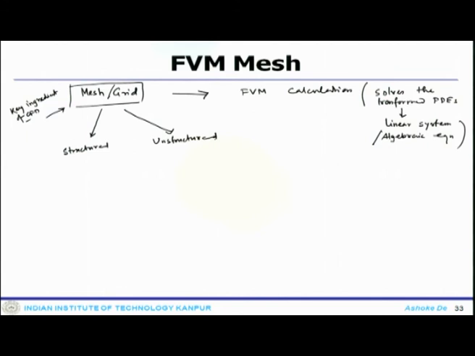Then another category which is possible, both structured and unstructured can also be multi-block. That means, for example, if you have a simple rectangular geometry, you can generate the grid in multiple blocks.